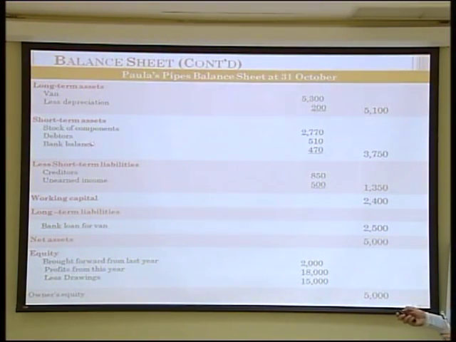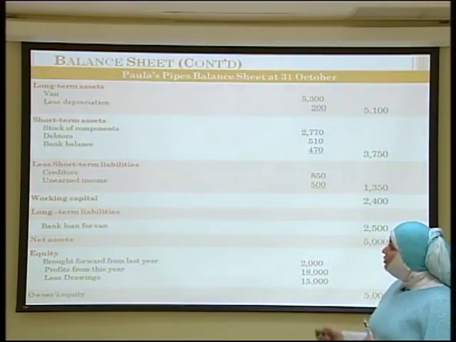The bank balance, they mean cash: 470. A total of short-term assets 3,750. The total of assets this way is how much? 8,850 total assets.